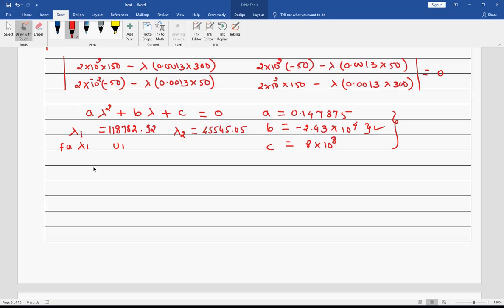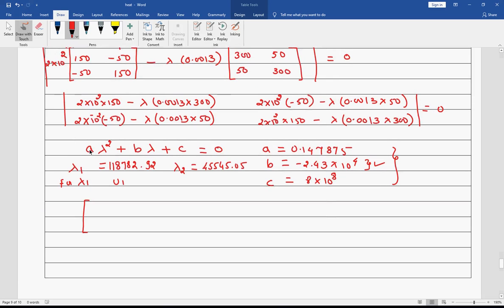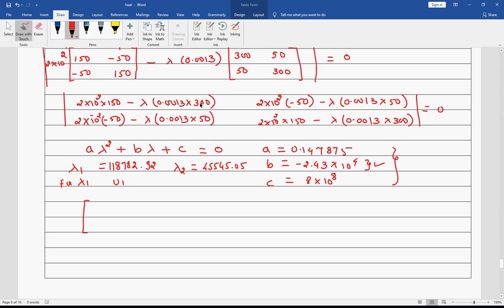So what I can do, for lambda 1, just put down the value of lambda 1 in this equation, everywhere here, and let me know all these values, please.